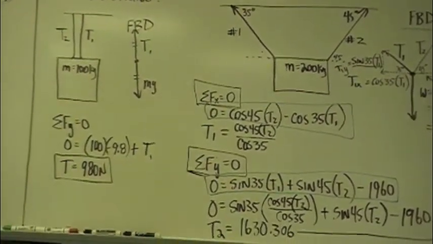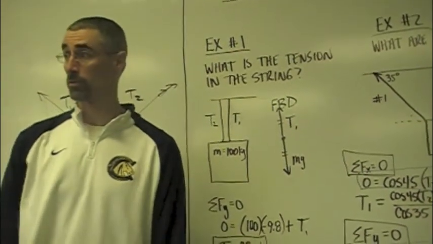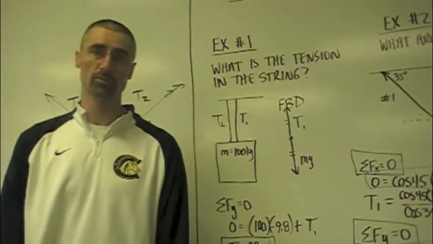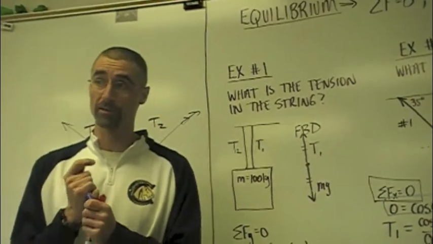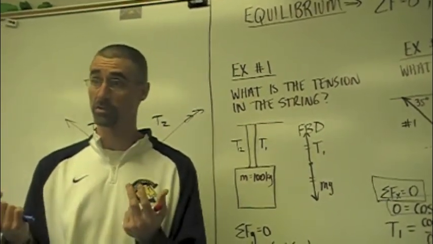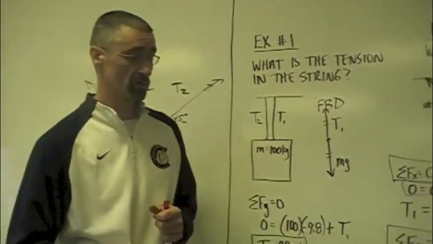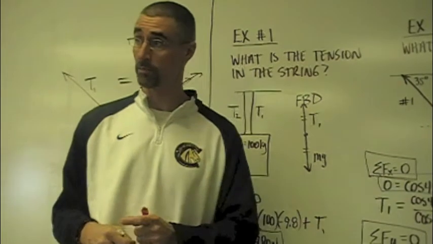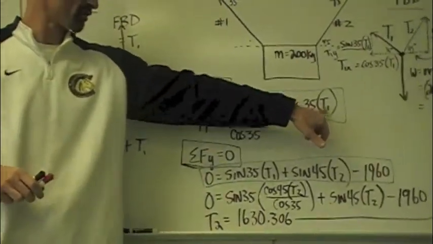Which means we have 2 equations and 2 unknowns. Okay. Now, one of the reasons you took Algebra 2 is to figure out how to solve systems of equations. When you have 2 equations, 2 unknowns, one of the ways you can solve those is substitution, right? And so you'll notice what I did here is I solved for T1.